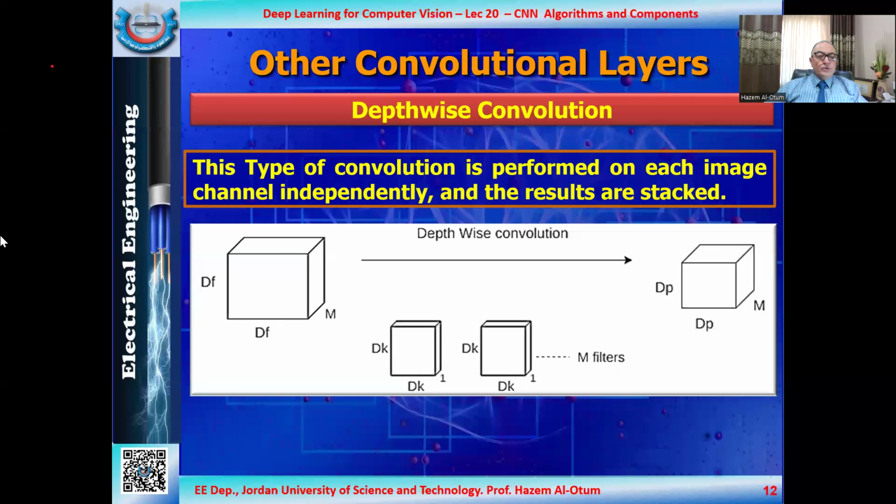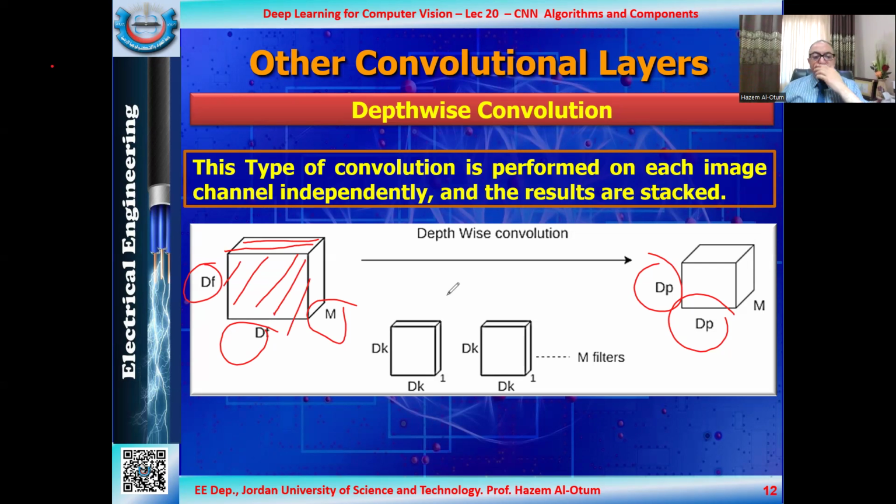So at the beginning, you take the input image, let's say Df by Df, with a number of channels equal to m. For example, if you have an RGB image, you will deal with 3 layers, so m equals 3. Now you try to get the output of the depthwise convolution, Dp instead of Df, and this can be obtained by splitting every channel and applying the convolution to every single layer independently.